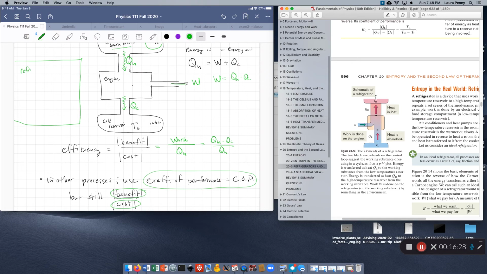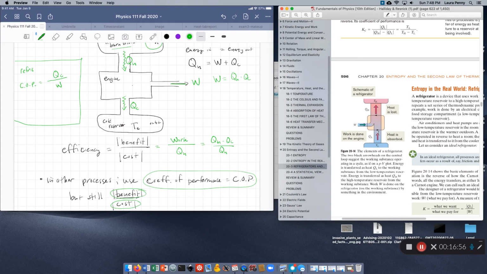With a refrigerator, I'll write this off to the side. Here we do have a coefficient of performance where, again, we want to put our benefit. Well, why do you have a refrigerator? You're trying to remove QC. That's our benefit. And then the cost is the work. We have to pay for electrical energy to make this happen.